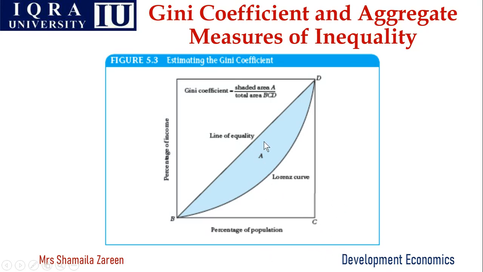So the area between the perfect equality line and the Lorentz curve shows the Gini coefficient.